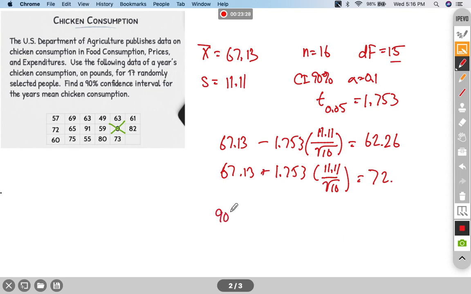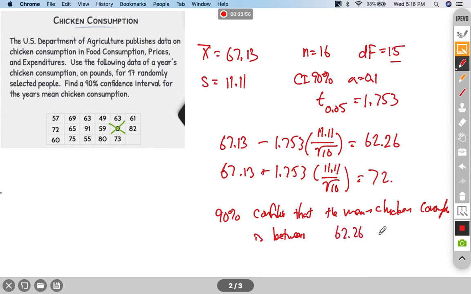So I am 90% confident, I just can't spell confident, that the mean chicken consumption is between 62.26 and 72.00 pounds per year.